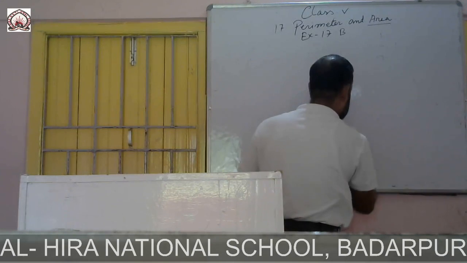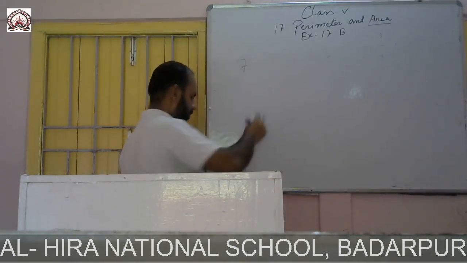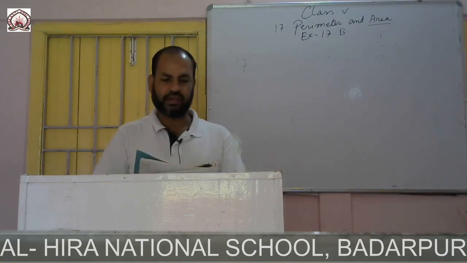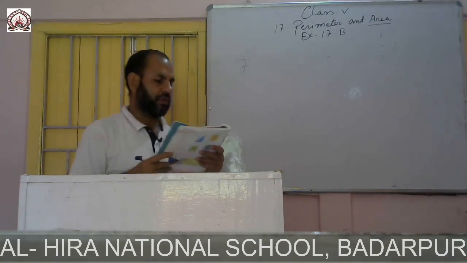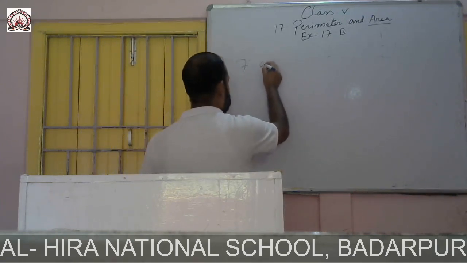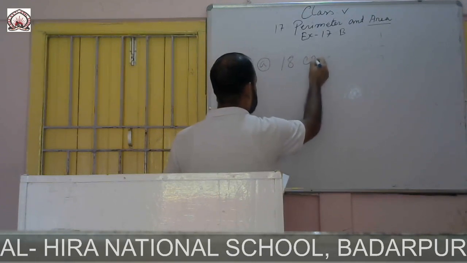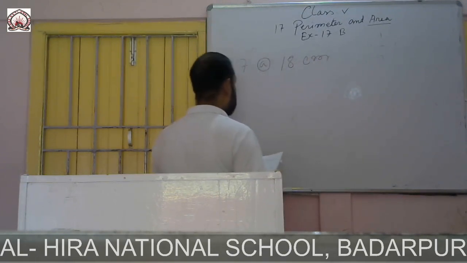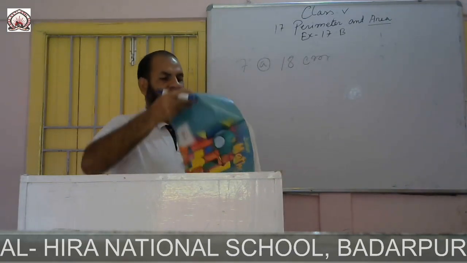Now question number 7. Find the area of a square. Question number A. Side given 18 centimeter. We find out the area of a square.